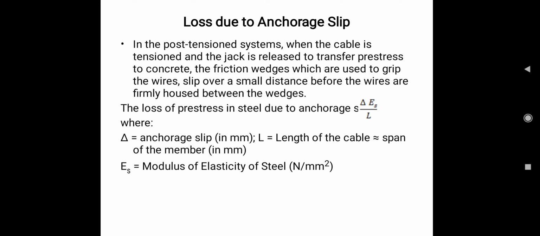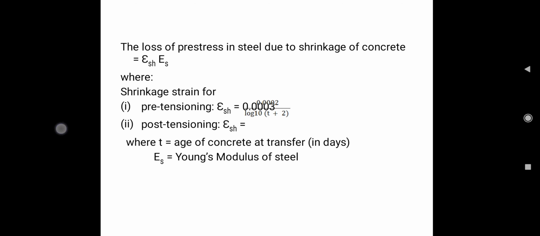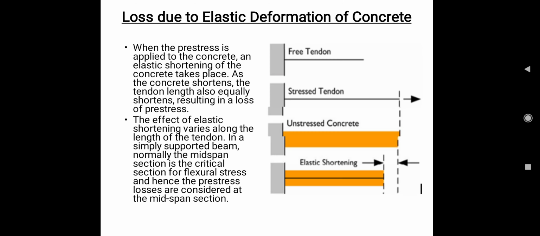The next loss is loss due to anchorage slip. So anchorage slip means, here the steel or tendon is tensioned in the first stage, and in the second stage the tensioned steel is held on both the ends of the bed which is constructed at the site, and then the concrete is placed above this tensioned steel.